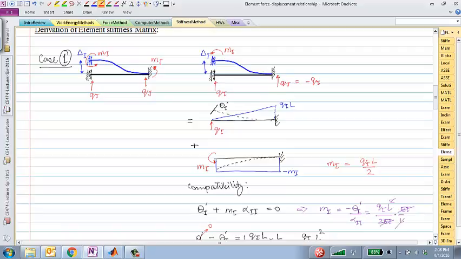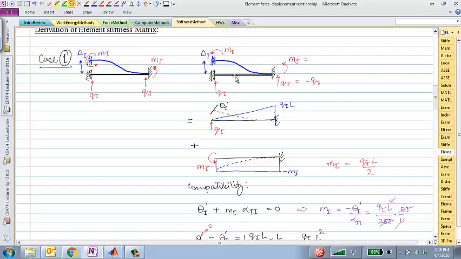Vertical force equilibrium. And what would be MJ? So MJ plus MI plus QI times L should be 0, moment equilibrium, right?